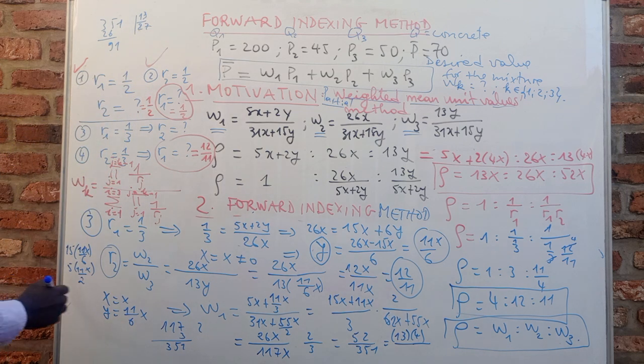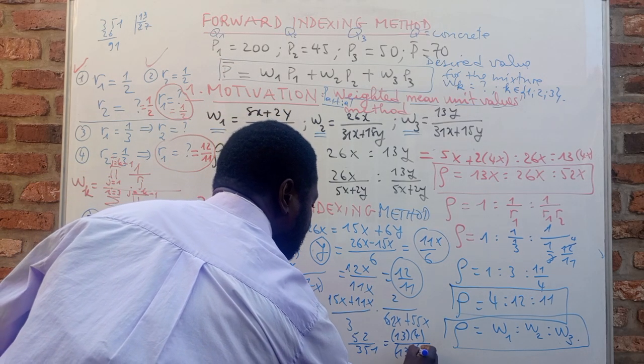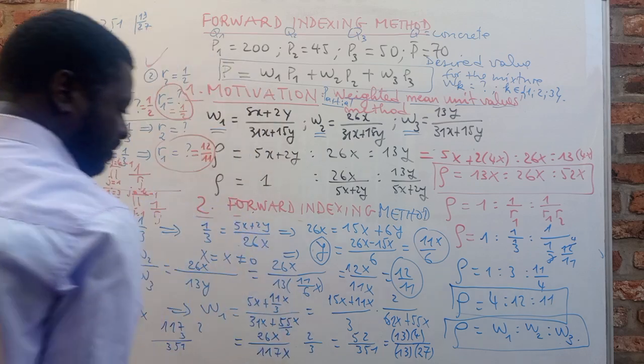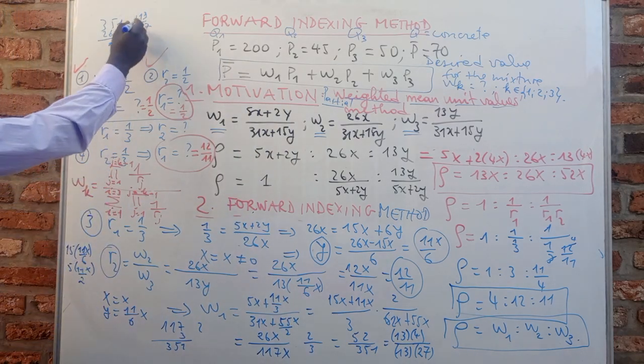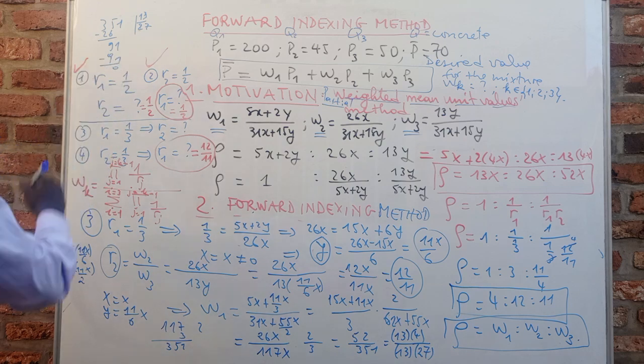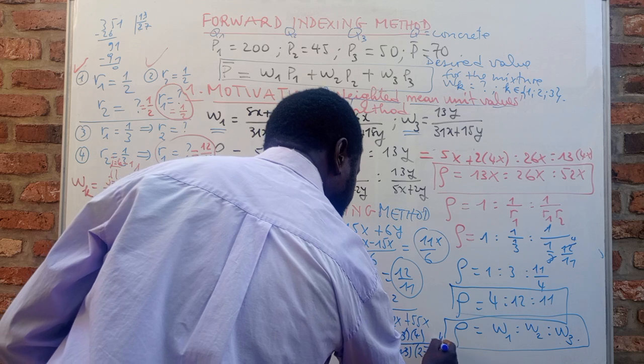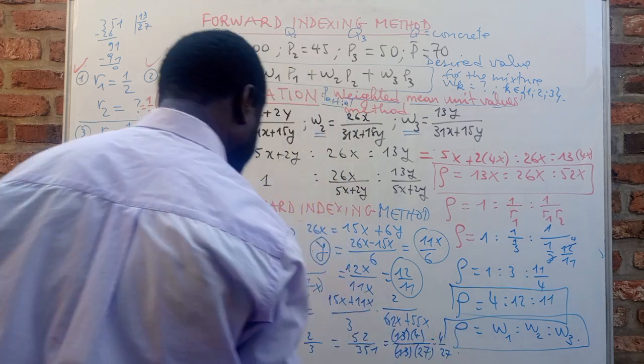So this is 13 times 27. Because here we have 91, the difference is 0. So after simplification I have 4 over 27.